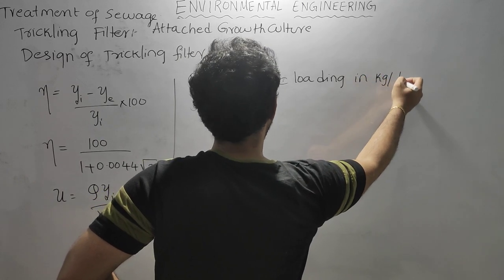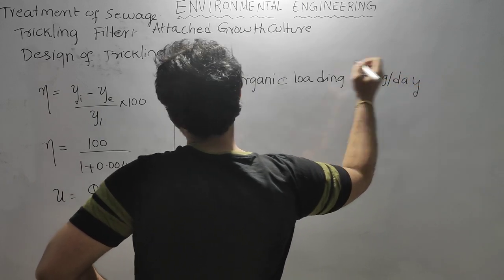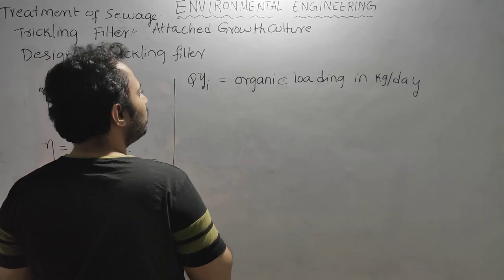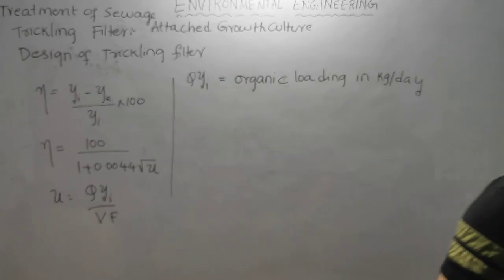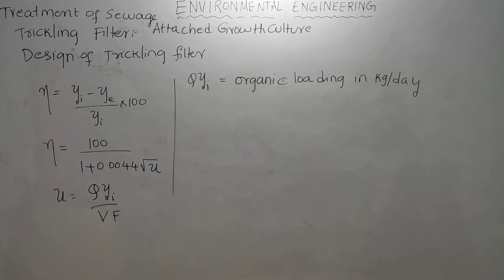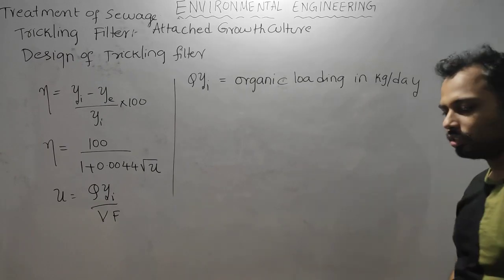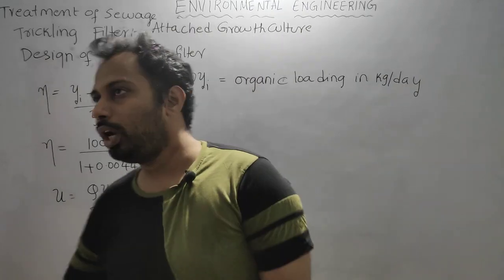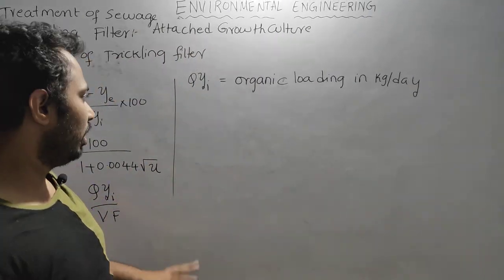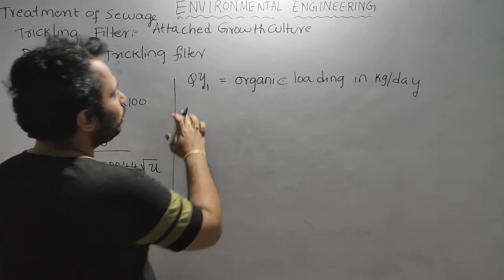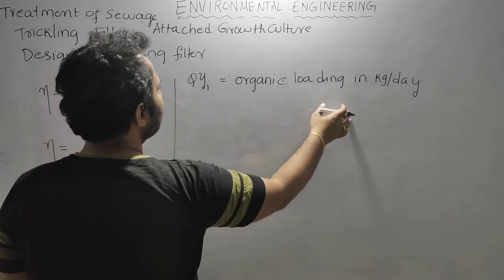The units are very, very important because this is an empirical formula. In an empirical formula we need to remember the units, otherwise you will not get the proper answer. They won't give you the proper units; they will give you different units. You need to convert into the appropriate units and then substitute them in the formula. So Q into Yi is organic loading in kg per day.